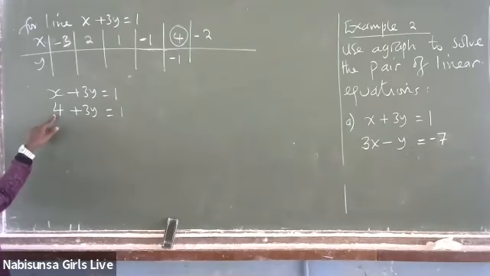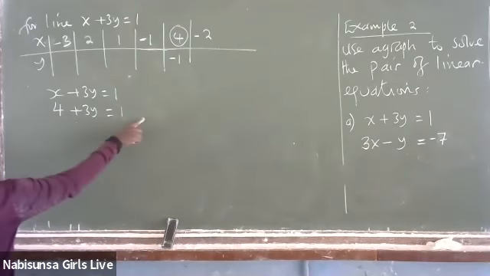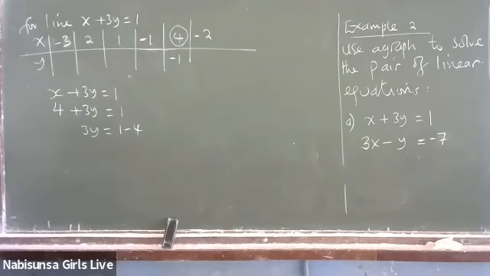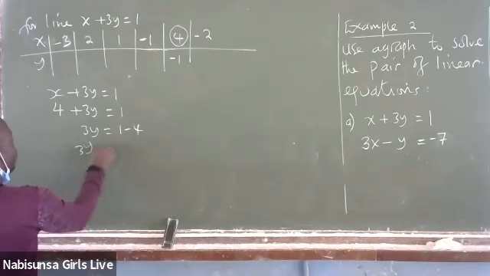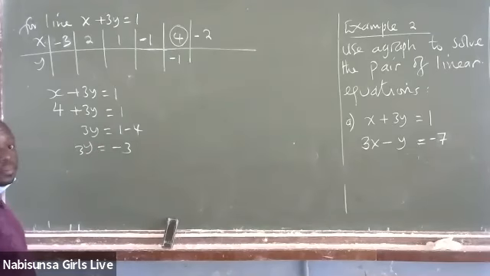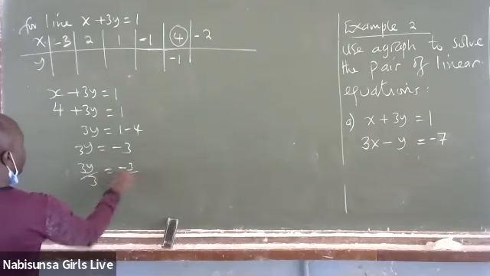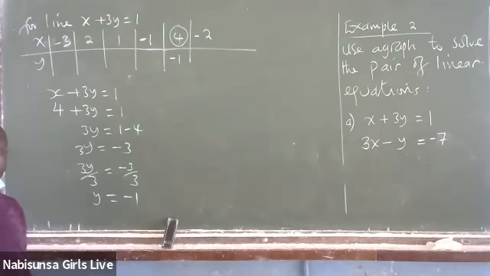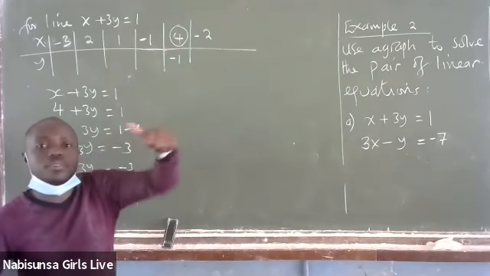Yolanda, are you with me? Yes. So now my duty is to look for y. I collect like terms. This will cross and you get 3y is 1 minus 4. Yolanda, are you okay with that step? Yes. 1 minus 4 is minus 3. Then I divide by 3. And I get y as -1. Yolanda, are you fine? Thank you. That's how I put this. Good girl.